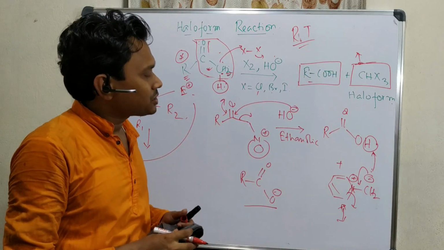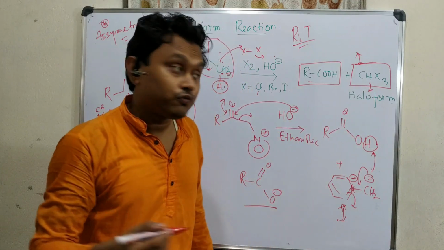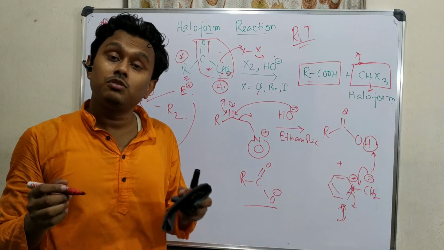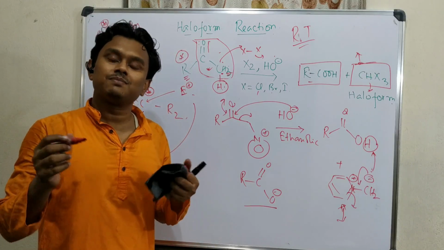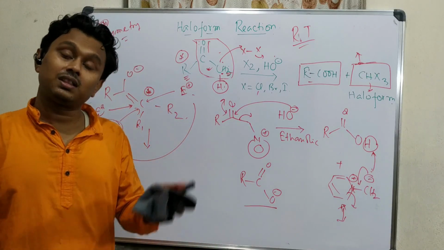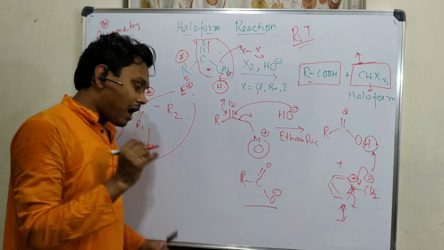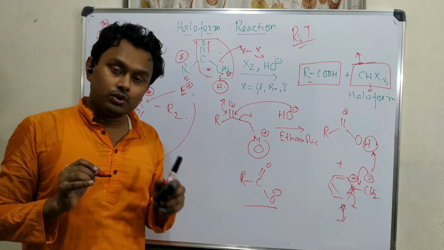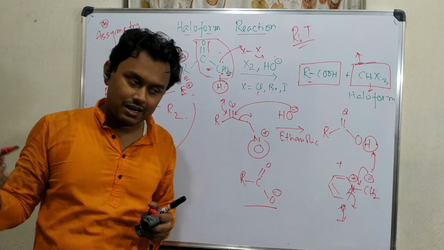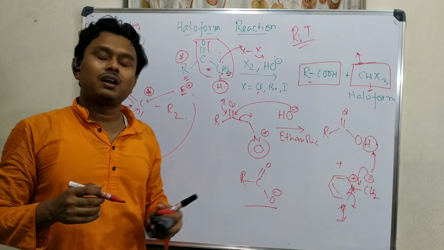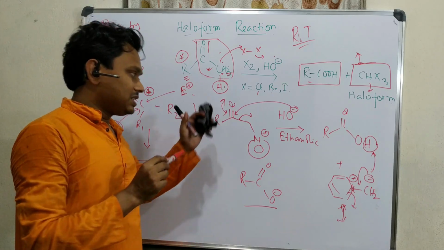And second of all, this haloform is utilized to prepare fluoroform and other derivatives, which are very important reagents for cooling, for example fridges and air conditioners, and they are less environmentally harmful compared to the freons, which destroy the ozone layer. But these fluoroforms are a very strong greenhouse gas. So this is the end.